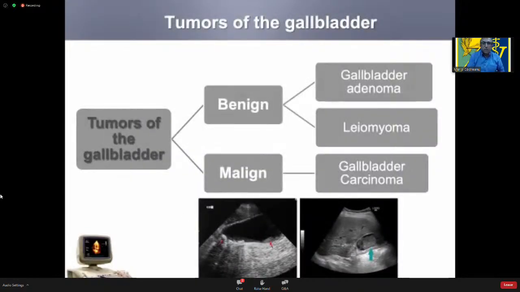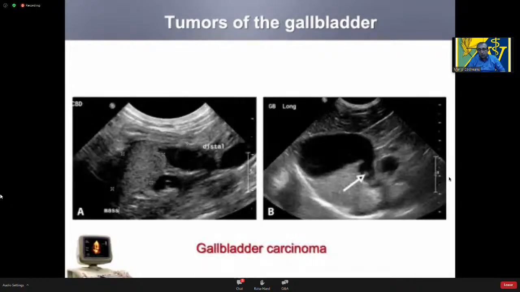A few words about the tumors of the gallbladder, the last medical condition. The tumors of the gallbladder can be classified as benign and malignant. In the first case, we can talk about gallbladder adenoma, leiomyoma, and in case of malignant, gallbladder carcinoma.